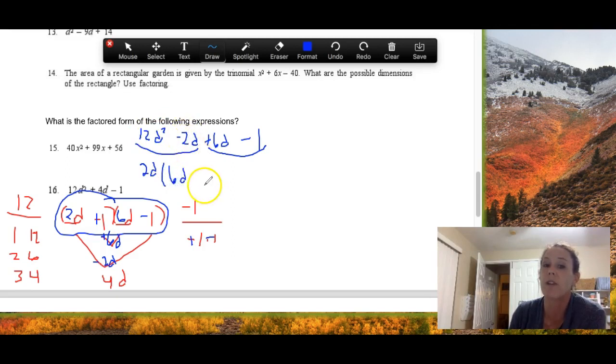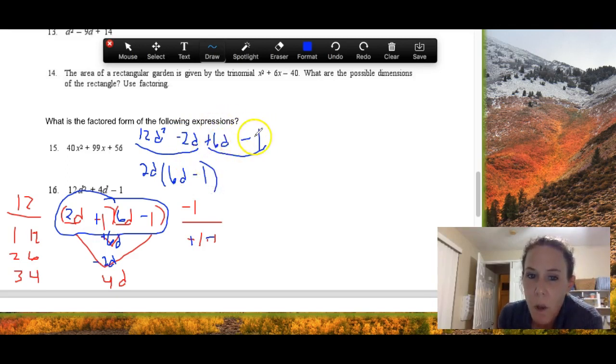Divide 2D out of here, you're going to be left with -1. Okay, and then 6D minus 1, what do these have in common? Nothing. So their greatest common factor is just 1. They don't have anything in common. You can pull out a 1 and that's it. Okay, and you'll be left with 6D minus 1.